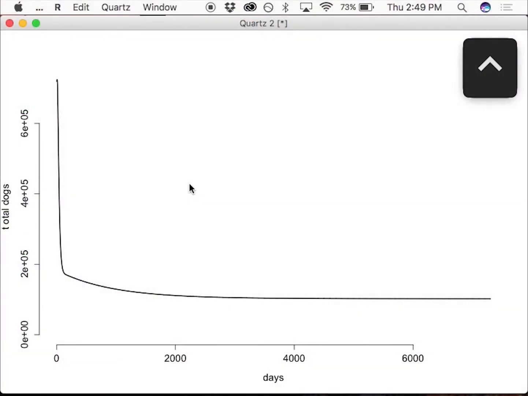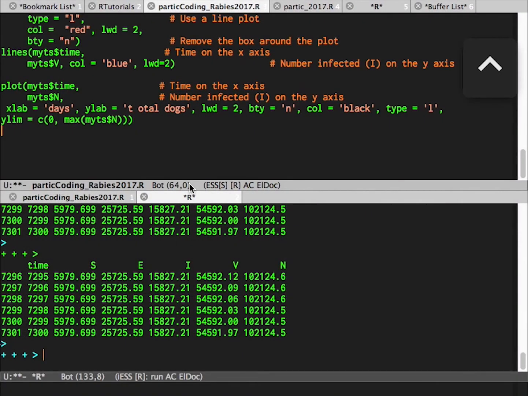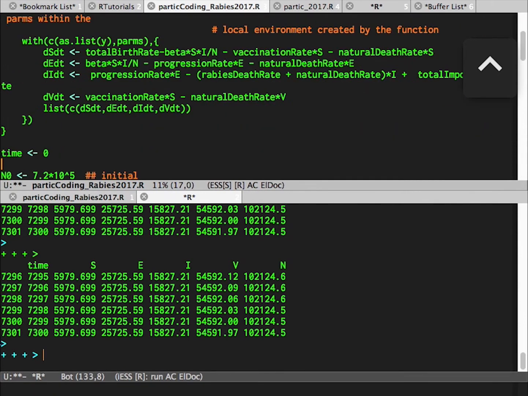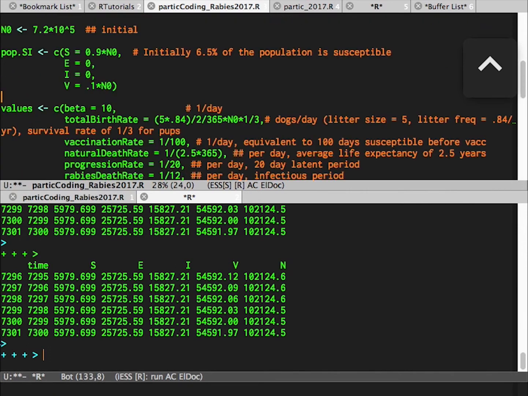No, that's right. It still is crashing. Is that right? So what's the final? It's ending up at 102,000 dogs now. Let's see what happens.